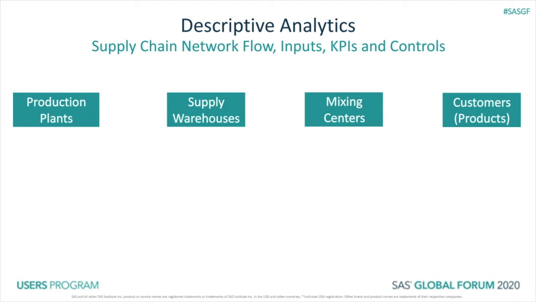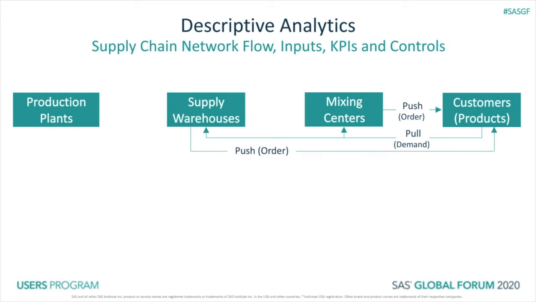So the demand arrives at mixing centers and supply warehouses in our example. And then we pull the demand from the mixing centers. When the supply warehouse also receives demand, it meets it and just sends it to the customers. What feeds the system is the production plants that produce according to their daily production schedules.